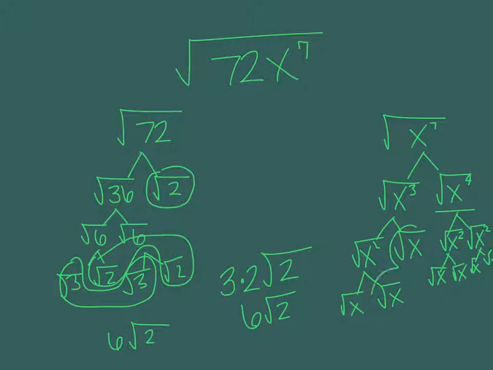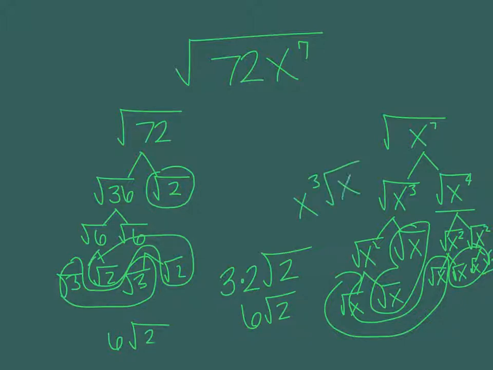So we have one pair there, a pair there, and a pair there, with one left over there. So that's 1, 2, 3 pairs, so x cubed radical x.